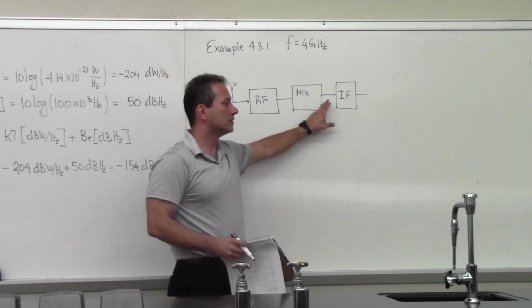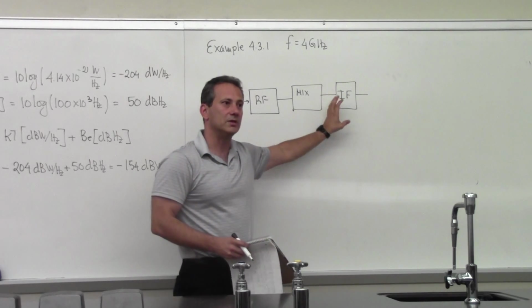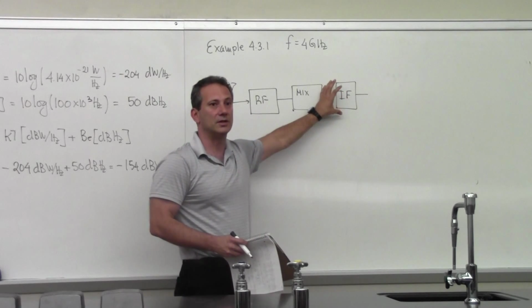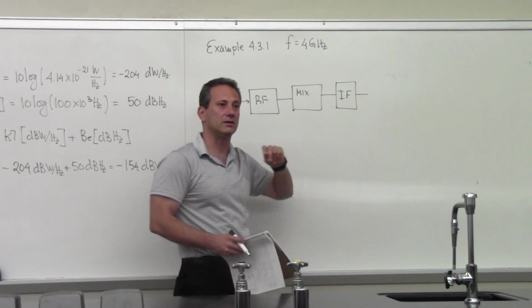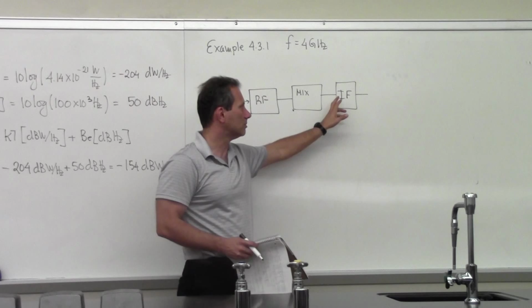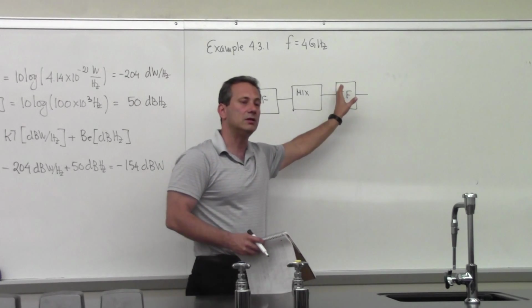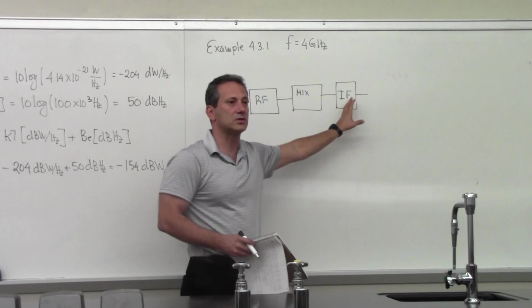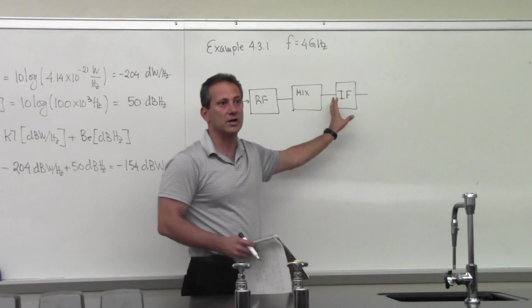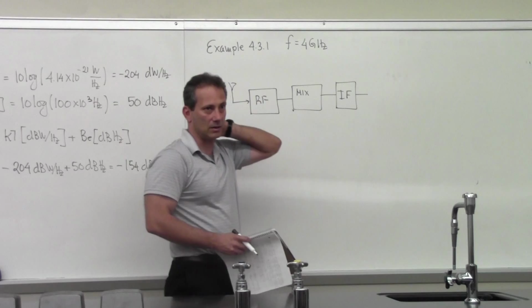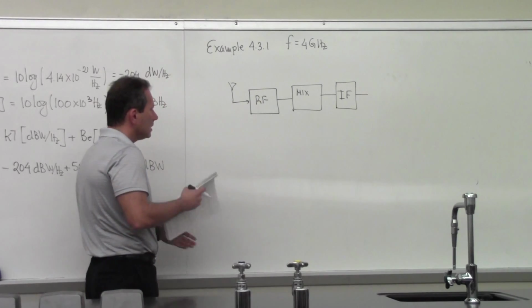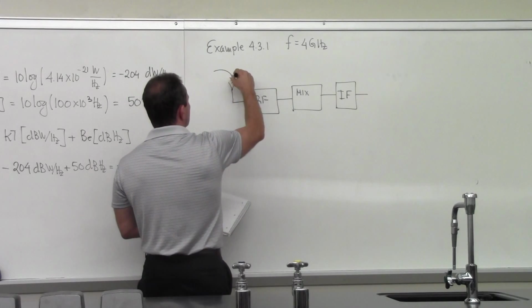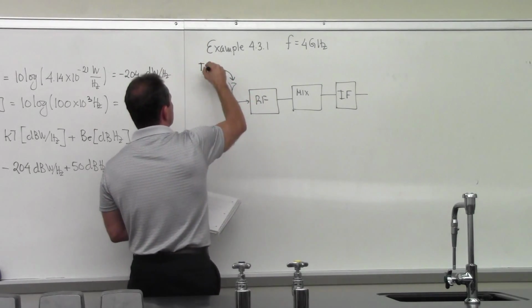After you bring the signal down, the first thing is this IF amplifier, usually the one that has adjustable gain and a relatively large gain, so that you can prepare the signal for either sampling, if you're doing digital processing, or demodulation, if you're doing analog. Now the RF stage: first of all, there is a temperature here, and we're going to call this one T in.